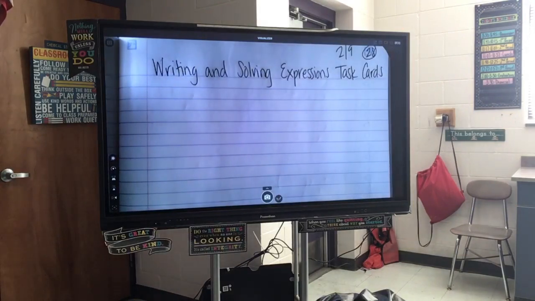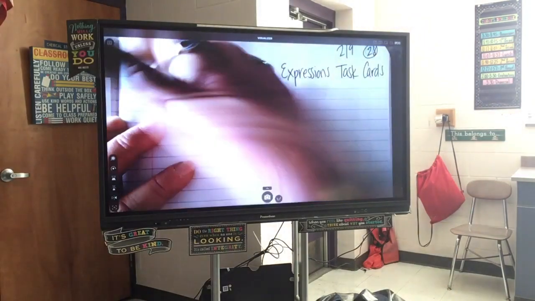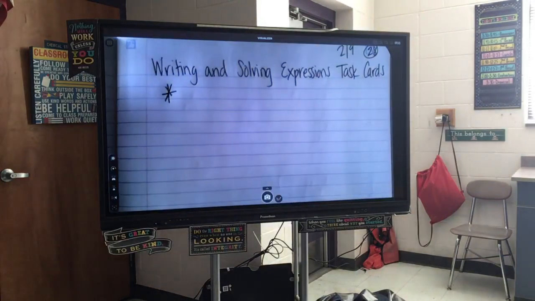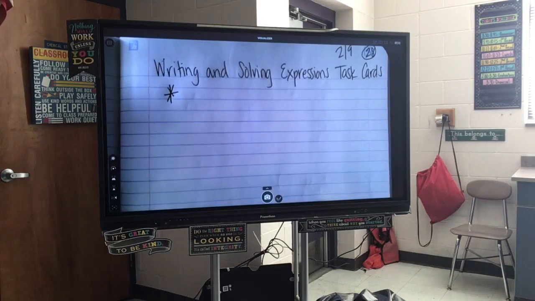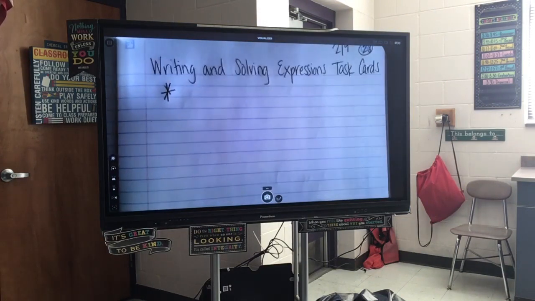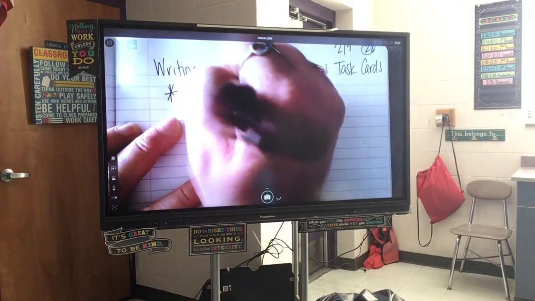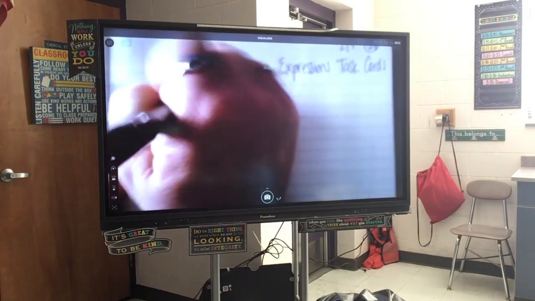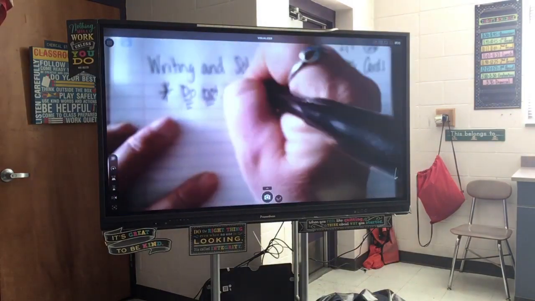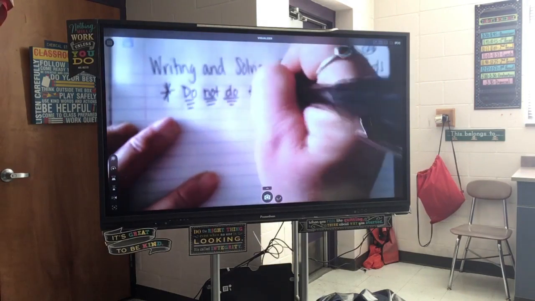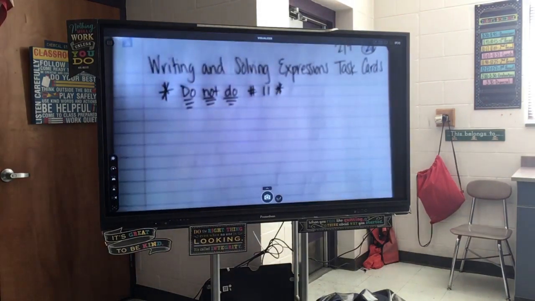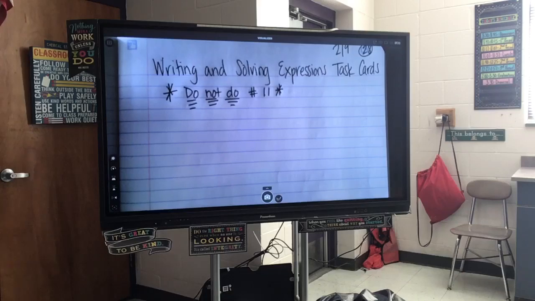It's linked to Canvas, so you will need to go to Canvas, not at this moment. I do need you to make an asterisk right there, and I need you to write, do not do number 11, because we haven't talked about it. Okay, so do not do number 11.